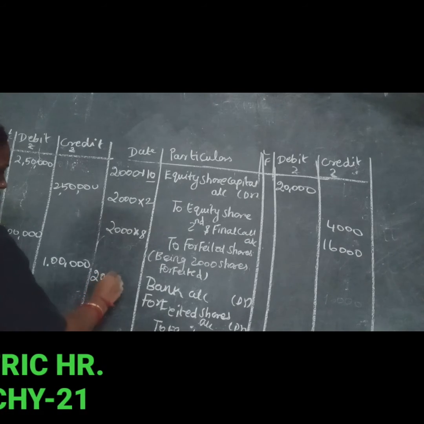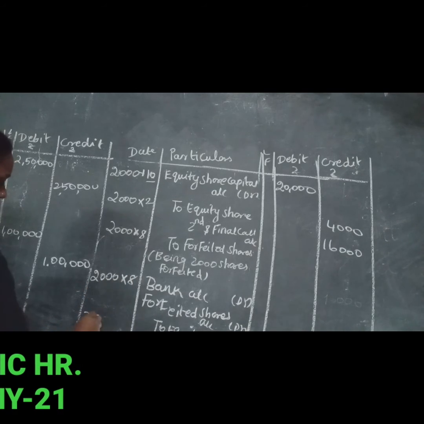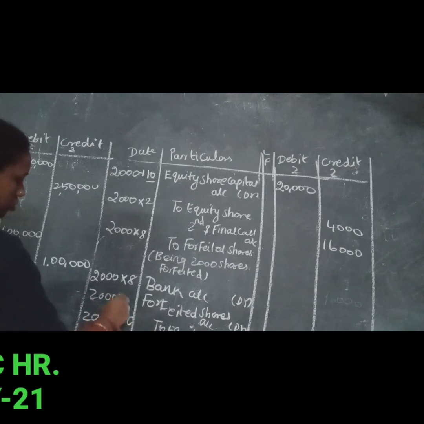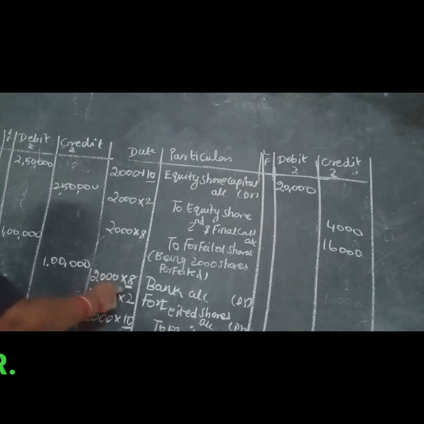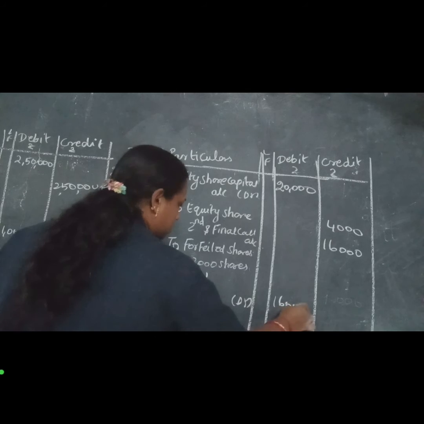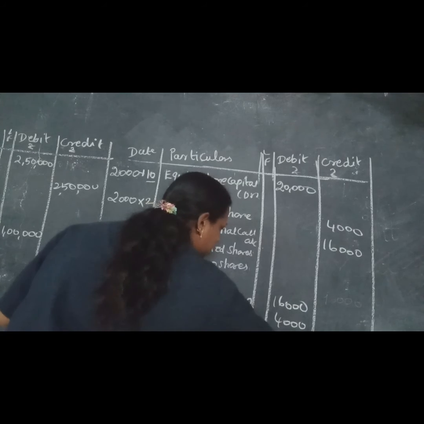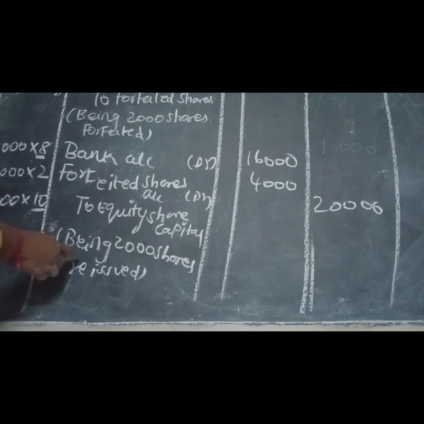So 2,000 into 8 rupees. The share amount is 10, so 10 minus 8, the balance is 2. So 2,000 into 8, 16,000, and 4,000, total 20,000. Narration: being 2,000 shares are reissued.